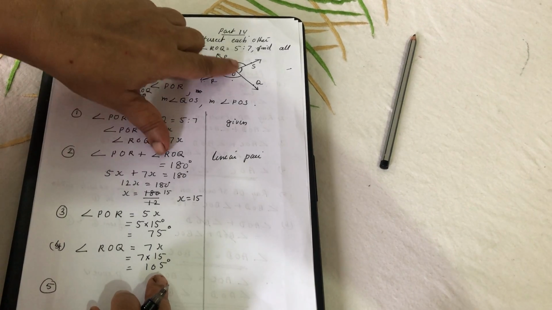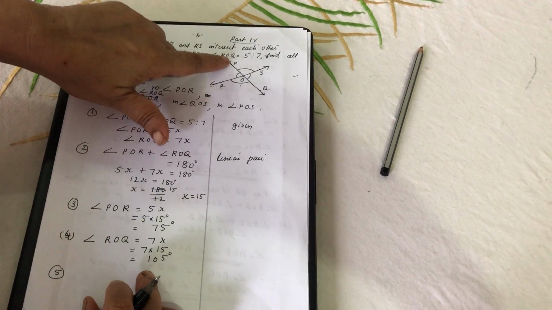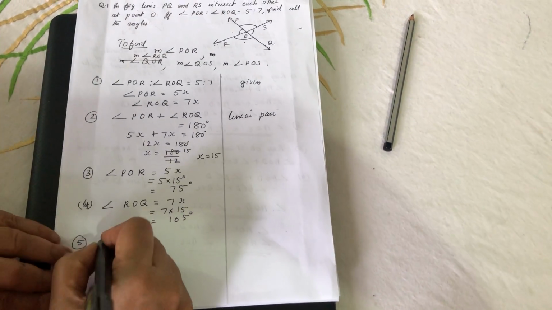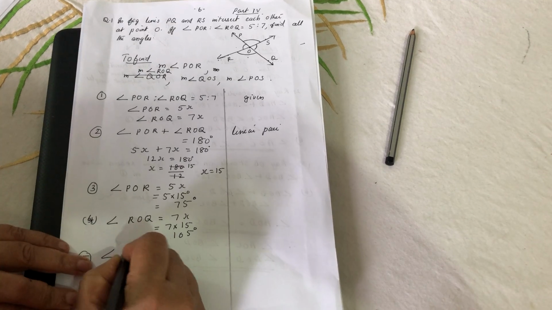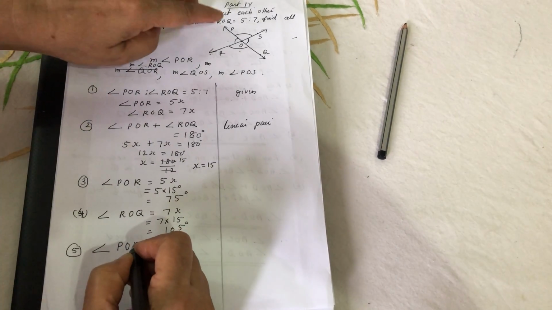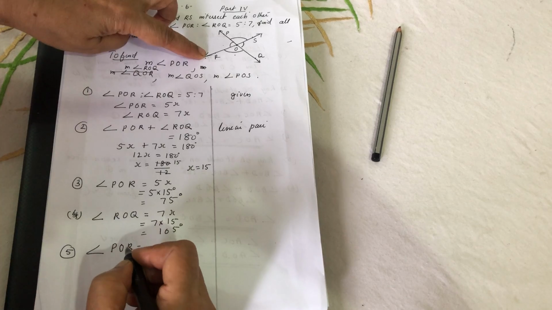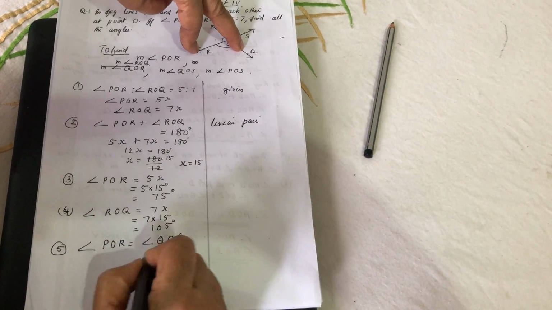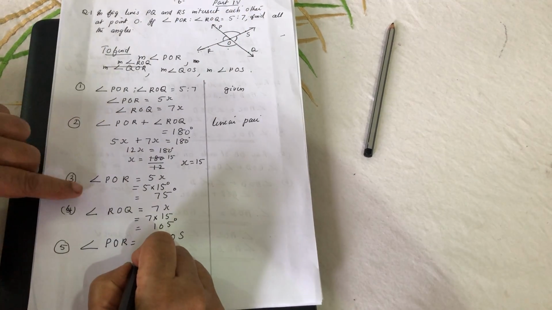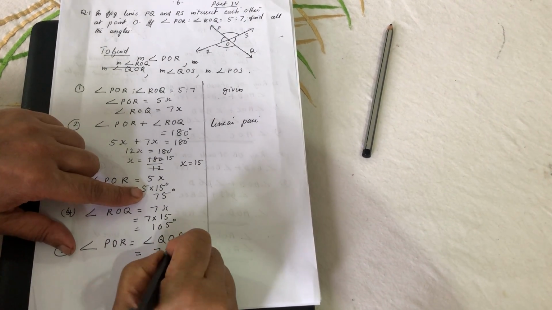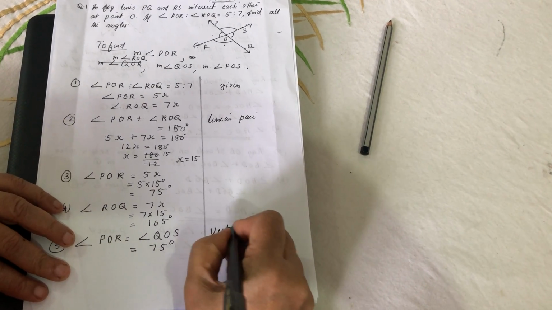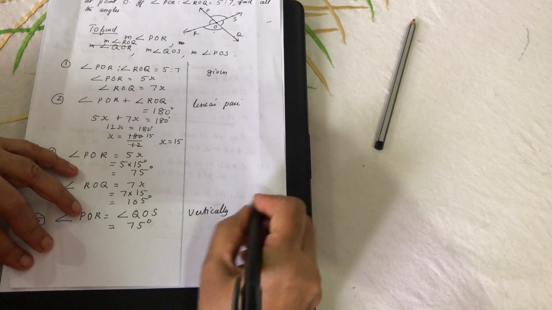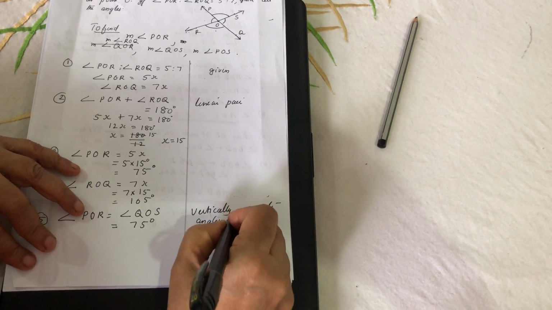I am going to write angle POR equal to angle QOS, that is equal to 75. Both the angles are 75. The reason is vertically opposite angles are equal.